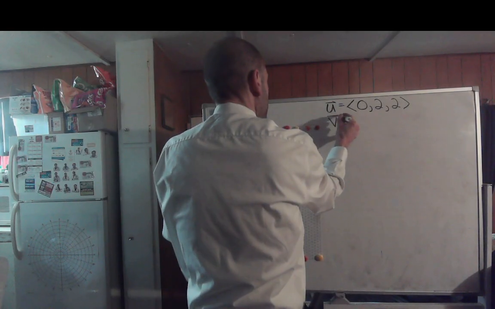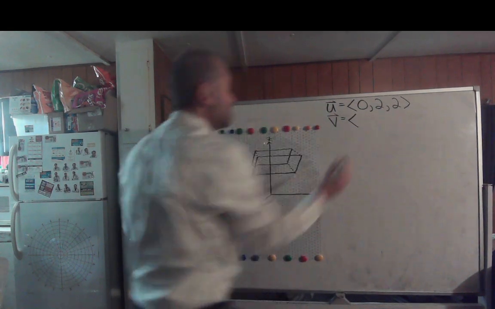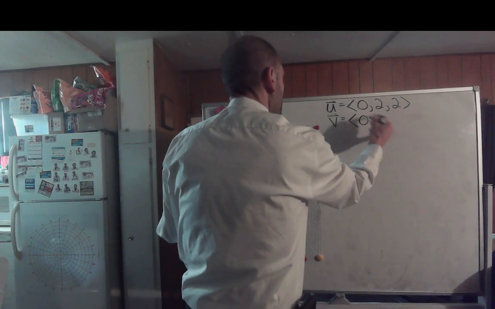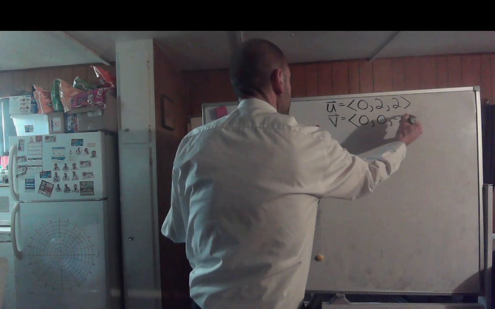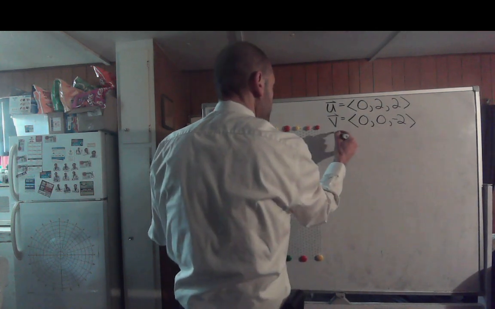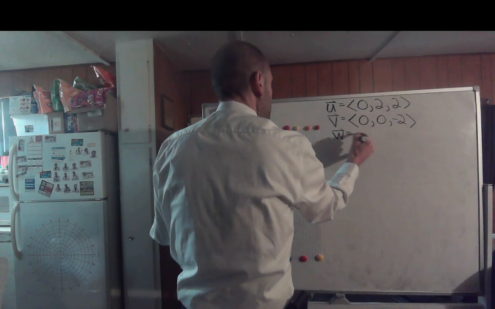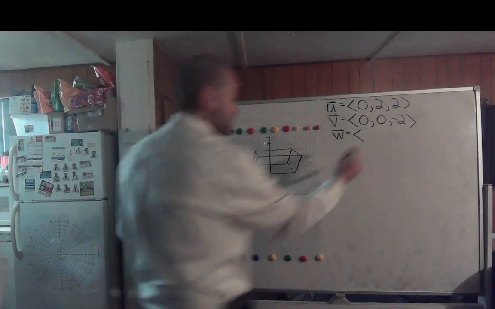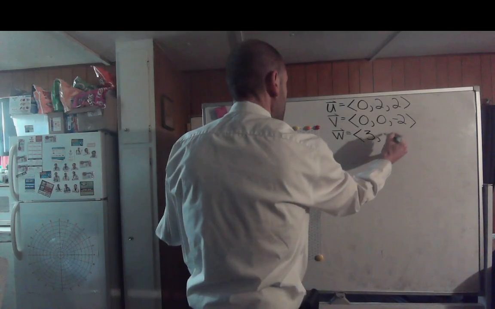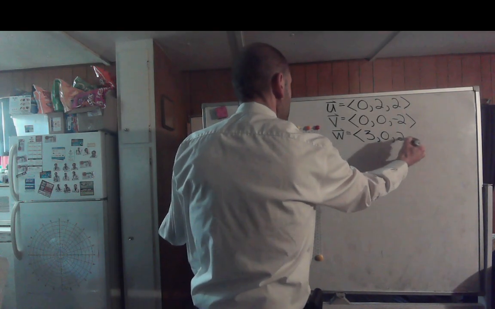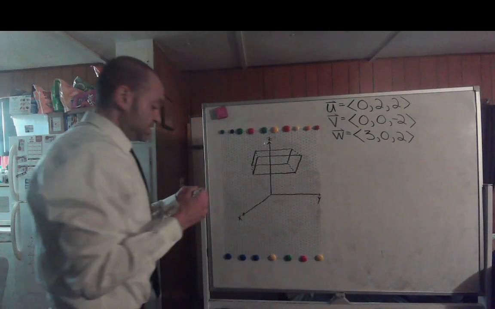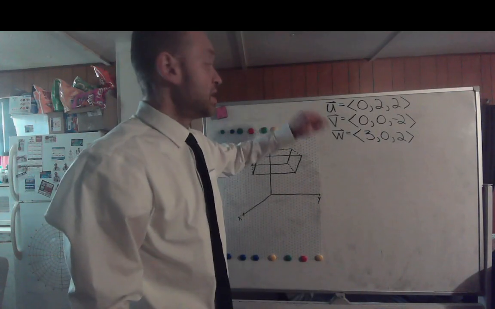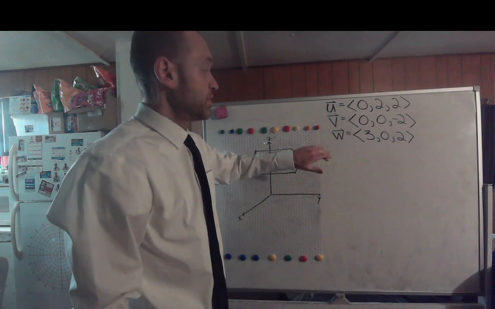Vector v has components of 0, 0, negative 2, and then vector w has components of 3, 0, 2. Alright, so we have a parallelepiped that consists of vectors u, v, and w.